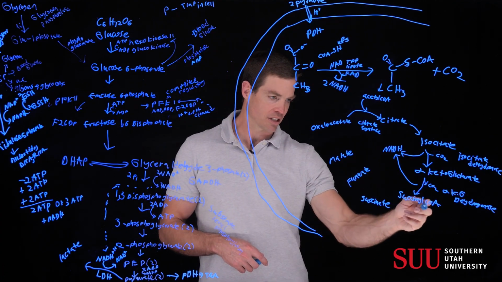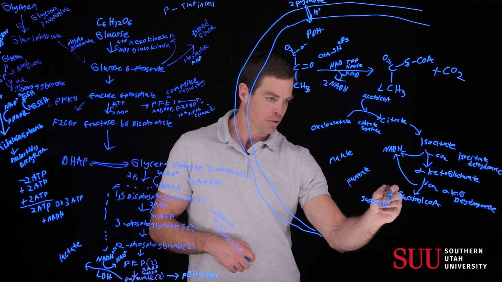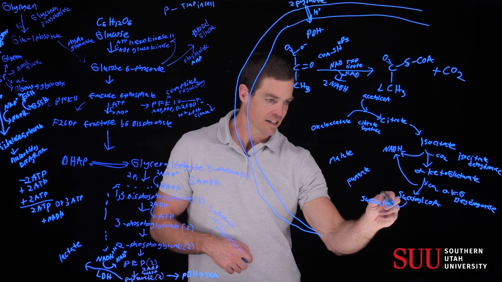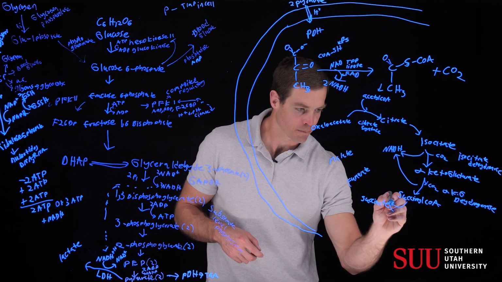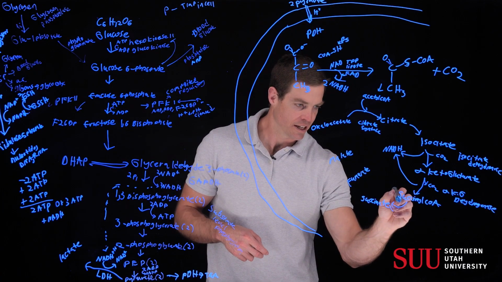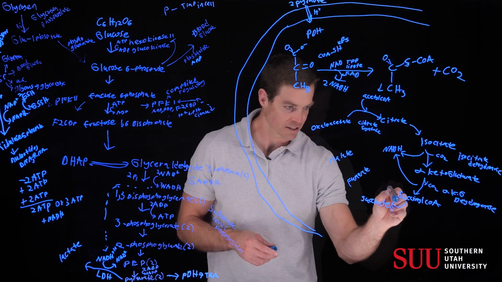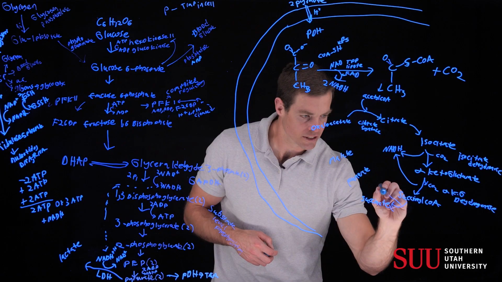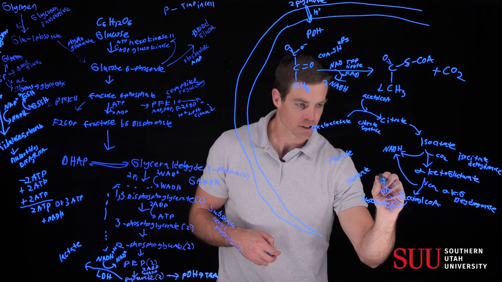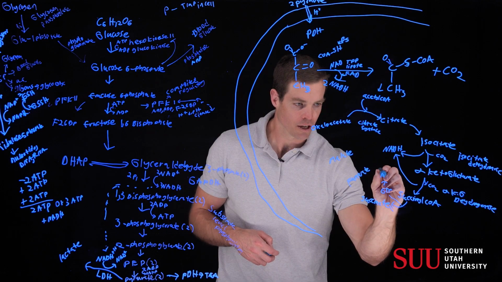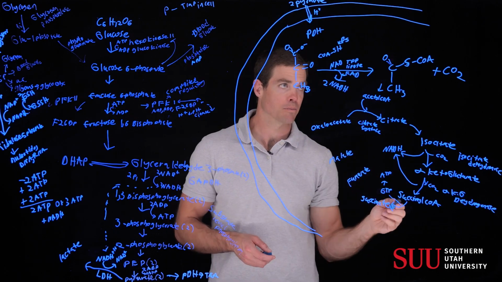So now you have your succinyl-CoA, and now we're going to convert this to succinate. It's another important reaction because as it takes succinyl-CoA to succinate, you're creating a GTP molecule. And of course, GTP just gets transferred to ATP from a simple reaction, right?